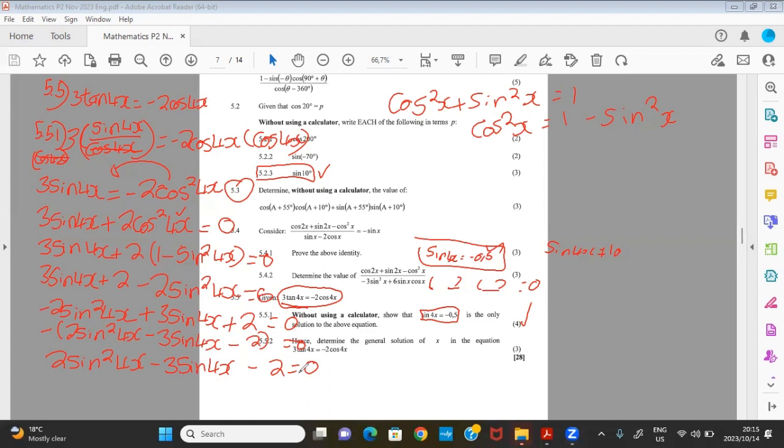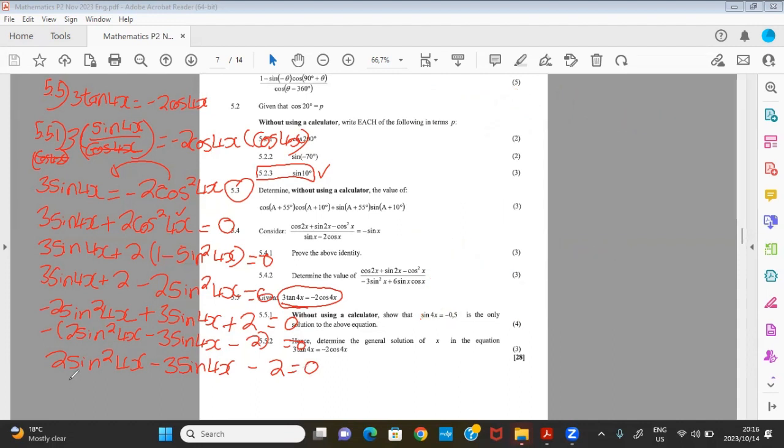No? So usually, let sine 4x is equals to y. But by the way, this is not compulsory. This step is not compulsory, making it equals to y.